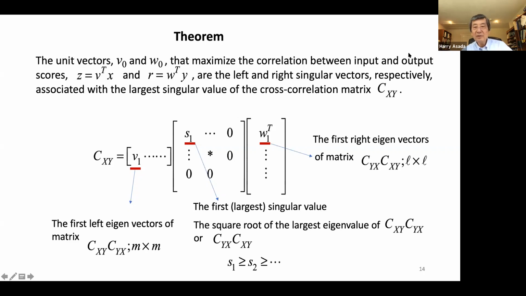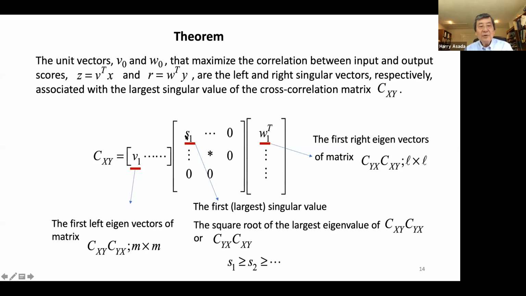These are basically singular vectors associated with the largest singular value of the cross correlation matrix, CXY. So CXY is N by L, and then that can be decomposed into this. And if you place singular values in descending order like this, sigma, S1, S2, in this way, this is the most significant one, corresponding to the maximum correlation between input and output.